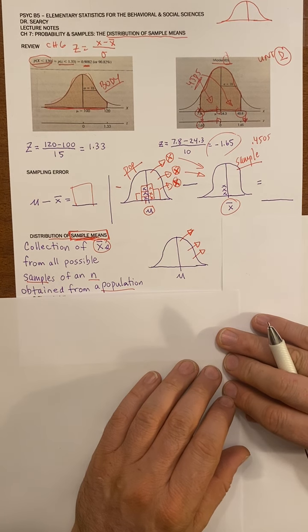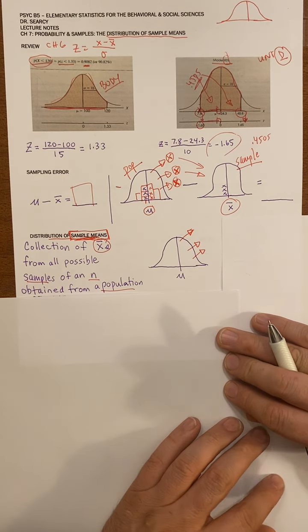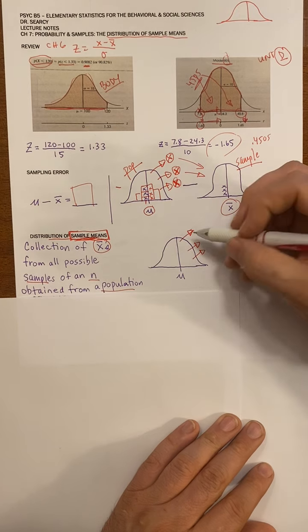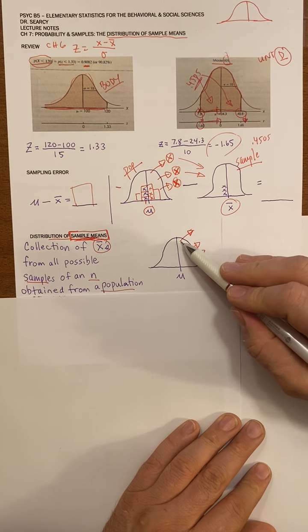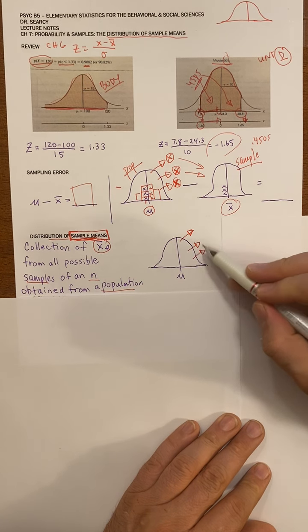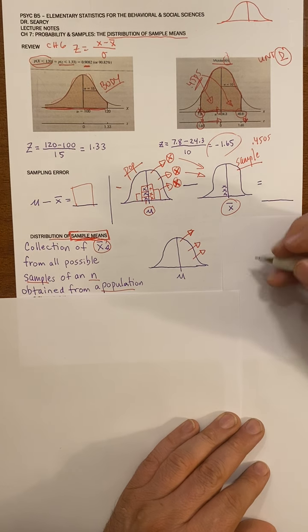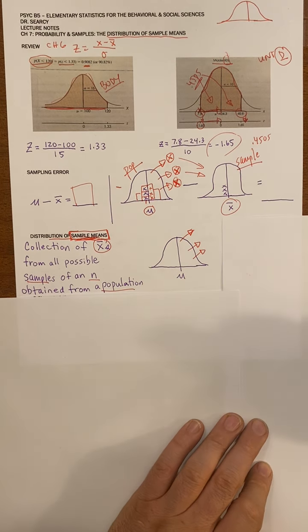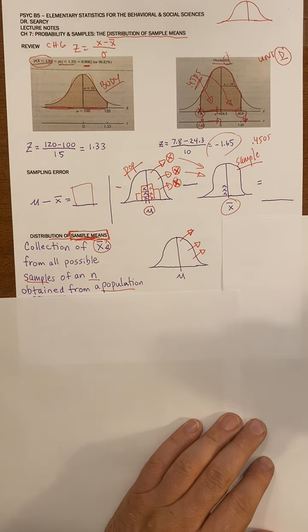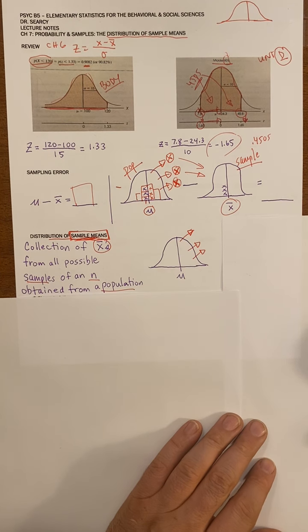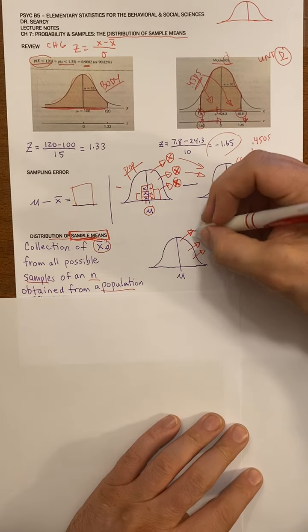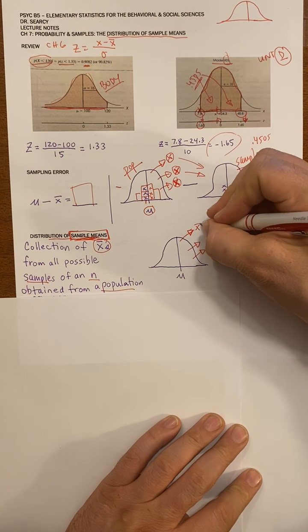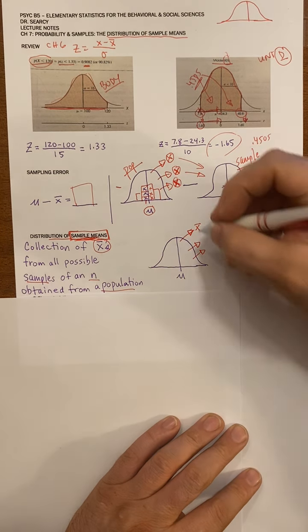Instead, we're going to pull out a whole group of participants at a time, right? So there's going to be a group of participants that's going to come out here, a group that's going to come out here, and a group that's going to come out here. The way that we're going to denote each group or identify each group is as we pull those groups out, we're going to identify them by that group's sample mean.